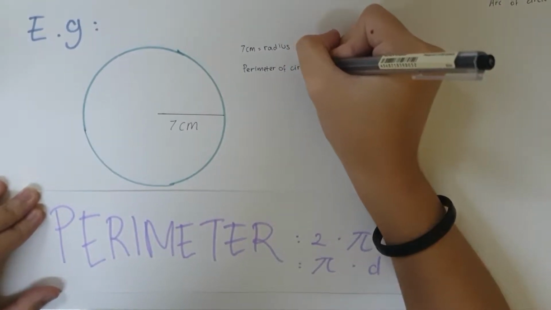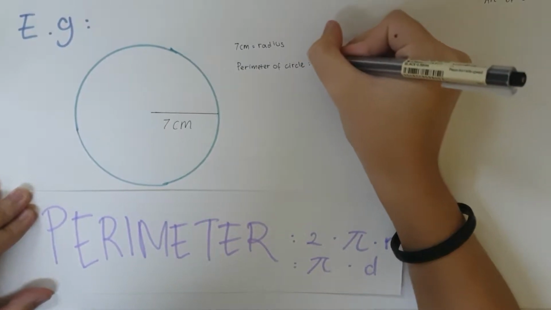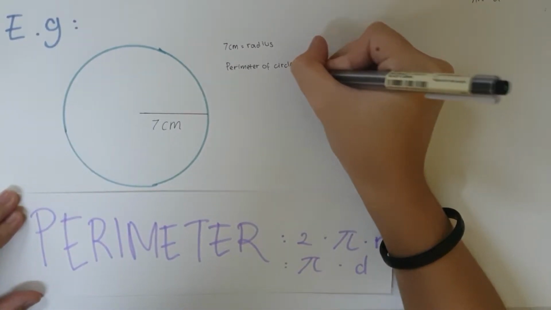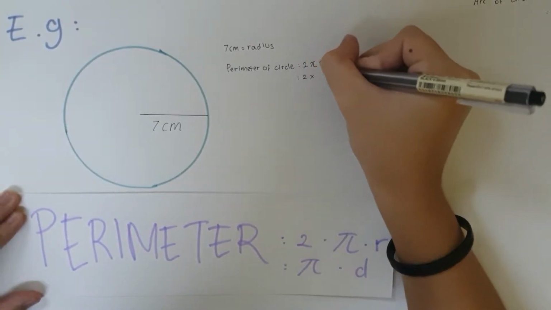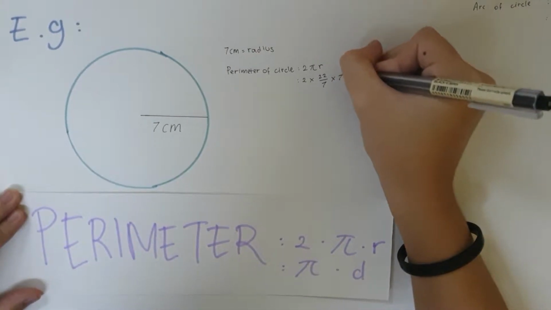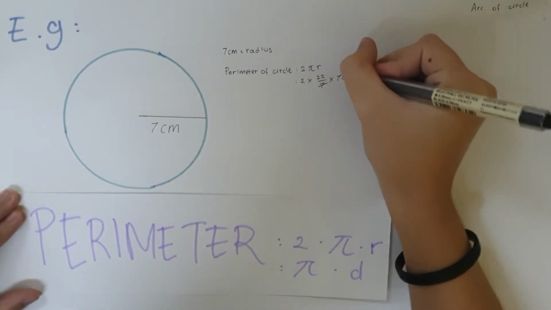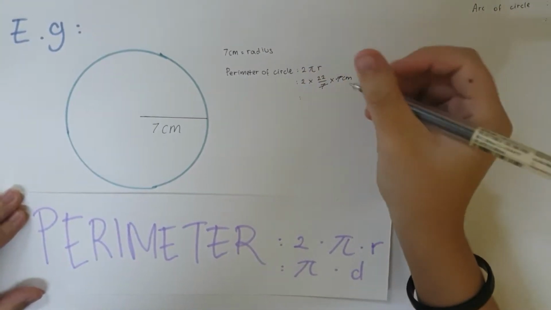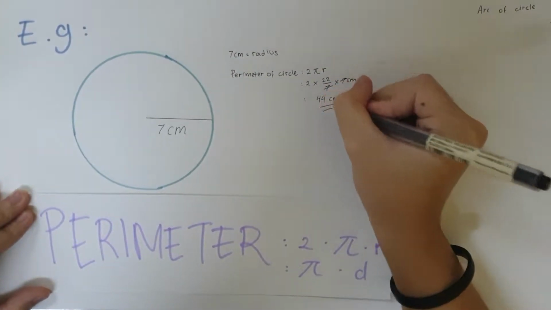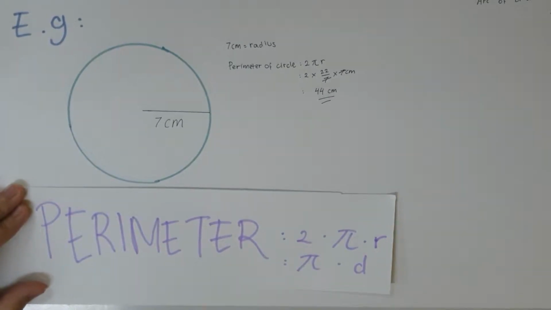So the perimeter of the circle is equal to 2 times pi times r. 2 times pi, as in 22 out of 7, because the radius is 7 centimeters, so we can cross it out directly. And so the answer would be 44 centimeters for the circumference of the circle.